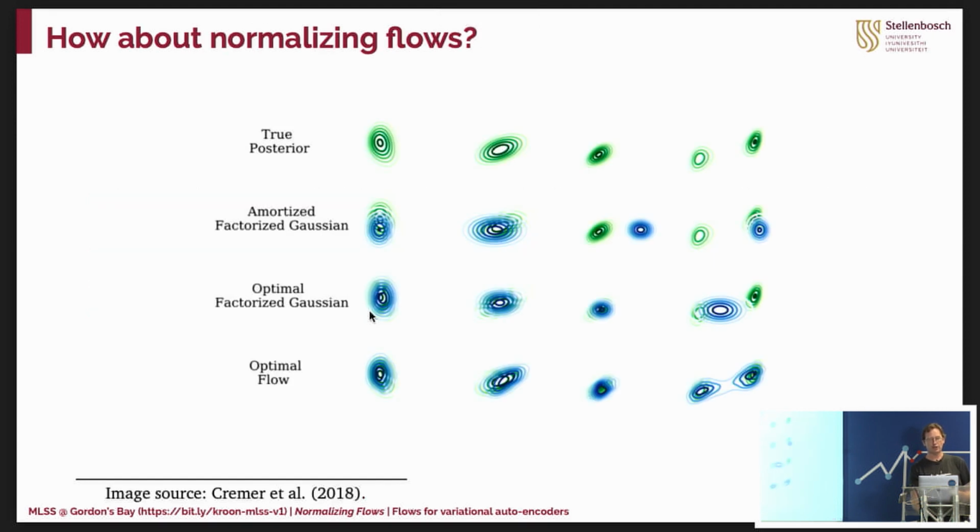Just to give you a bit of a feeling for why we might want to do this, here are some example situations of what a true posterior may look like. If we could optimize each posterior, if we assume that the variational distribution was a Gaussian for each of these and could optimize them separately, we might get something reasonable for many of these points, but it would not work for this example here, right?